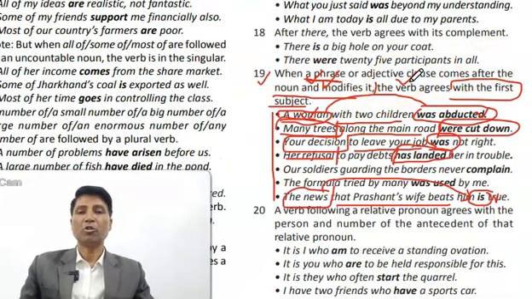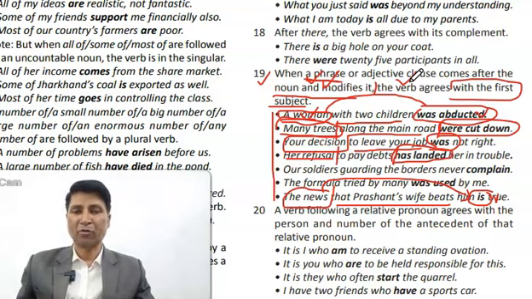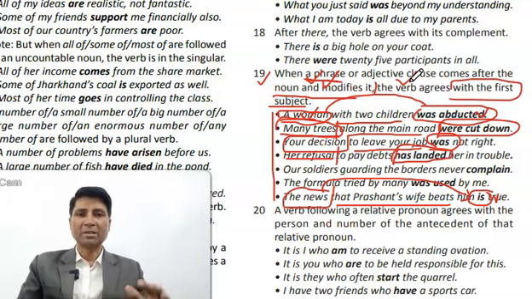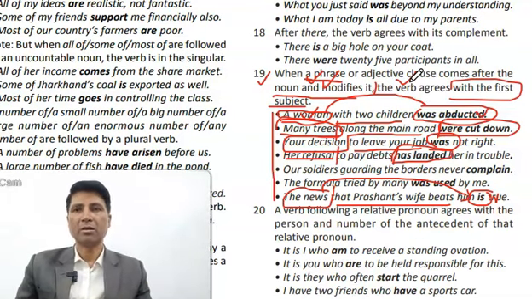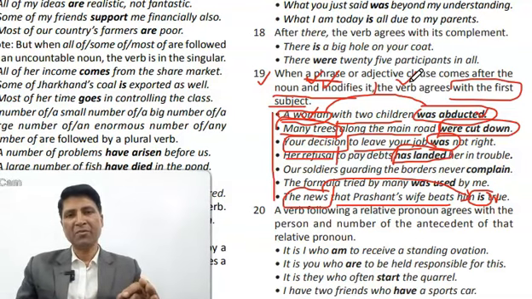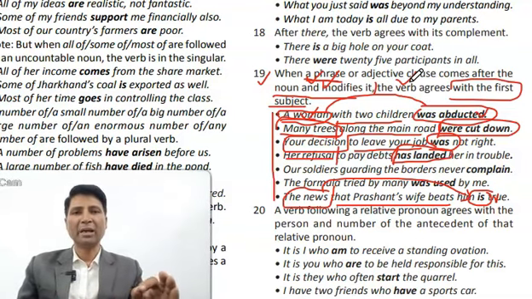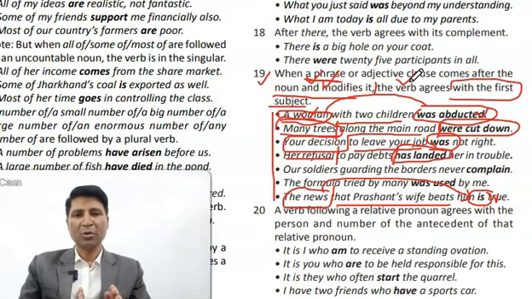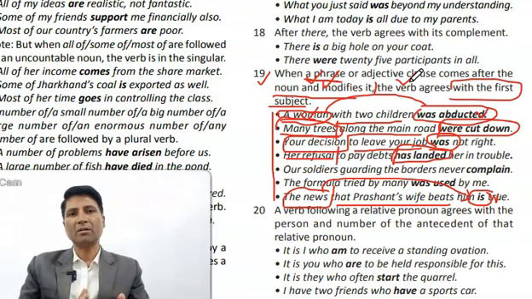Now you may have a confusion regarding what an adjective clause is. I will discuss it in the post modifier chapter in detail, but for the time being you have to understand that as there is an adjective to describe a noun or pronoun, likewise a phrase is a group of words that describes a noun or pronoun.